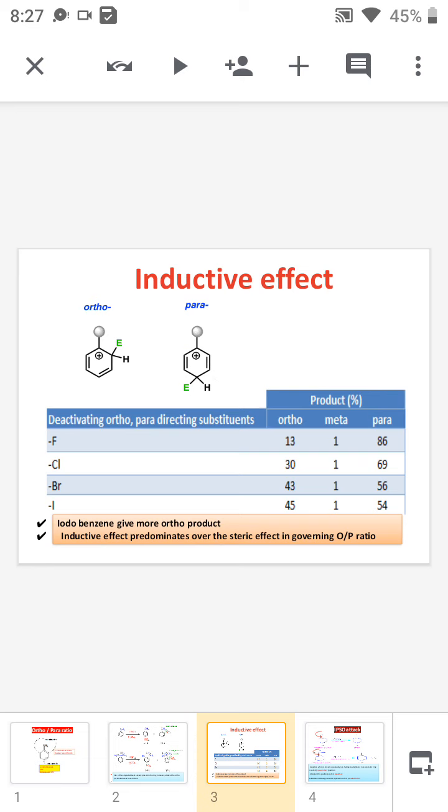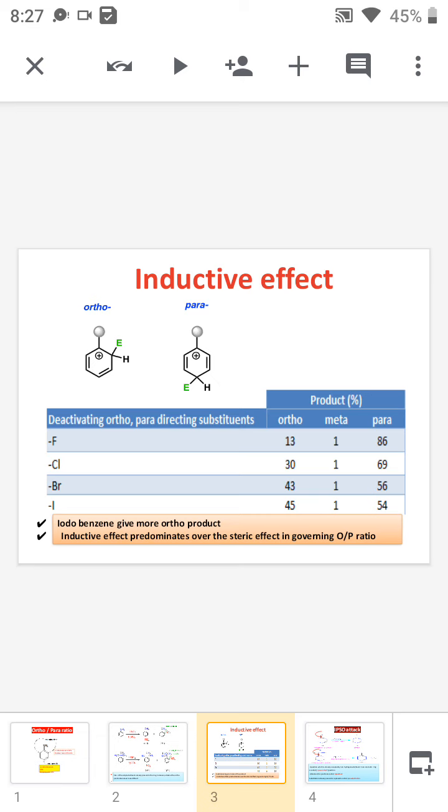It is considered to be an electron donating group because it has the property of back donation due to the availability of the lone pair of electrons present on the atom. So that's why it is considered an ortho-para directing group. So normally we will get two products, ortho product and para product.